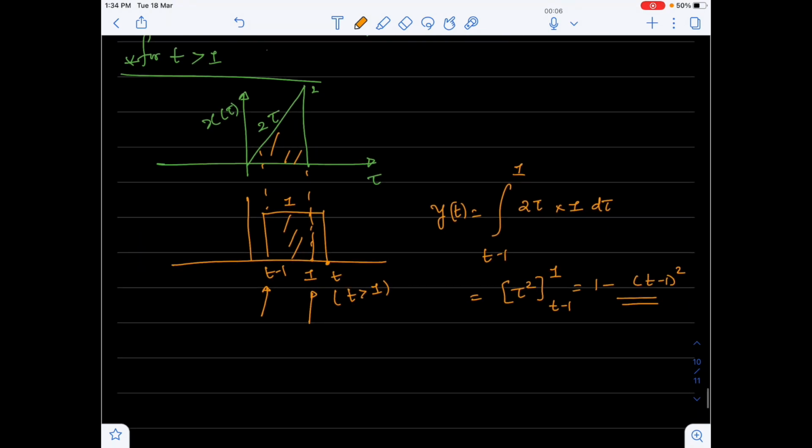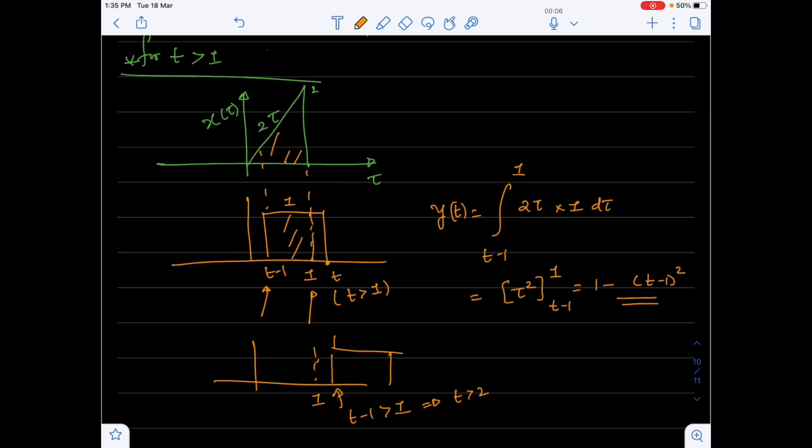But this output will not continue up to infinity. Suppose the signal crosses the point 1, that means t minus 1 is greater than 1, then we can say that t is greater than 2.